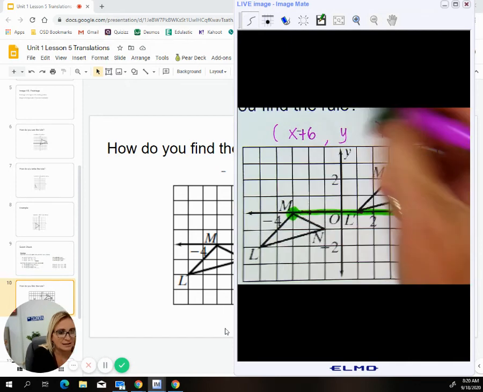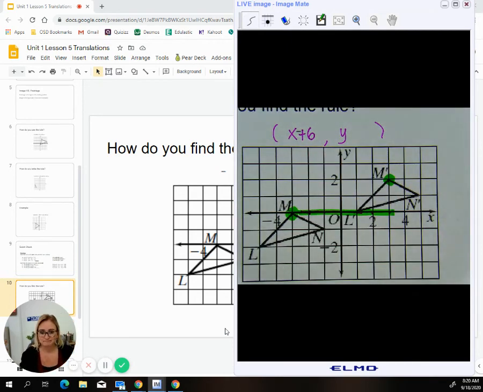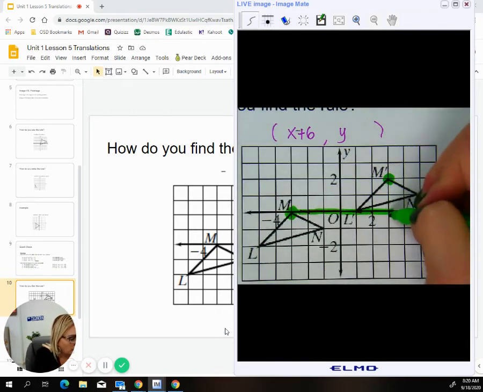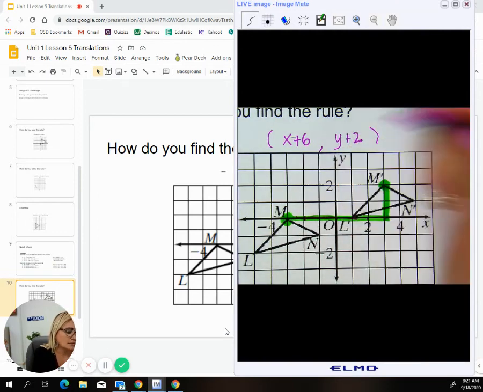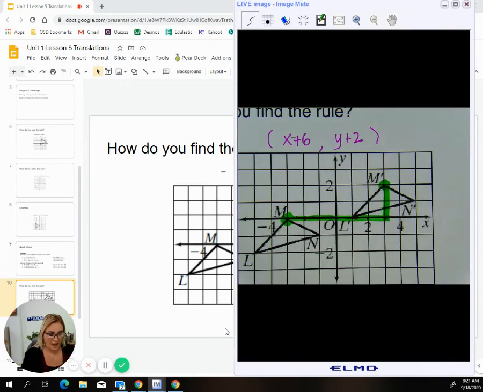So that means that it is X plus 6. So now, how did it shift? Well, it went this direction now, up, and it went up 2, so y plus 2. So that is my rule for this graph. Okay? I added 6 to x, sorry, and I added 2 to y.